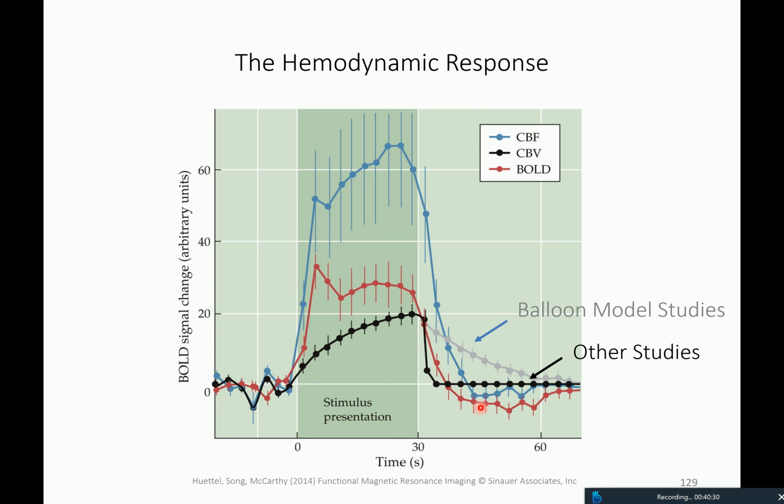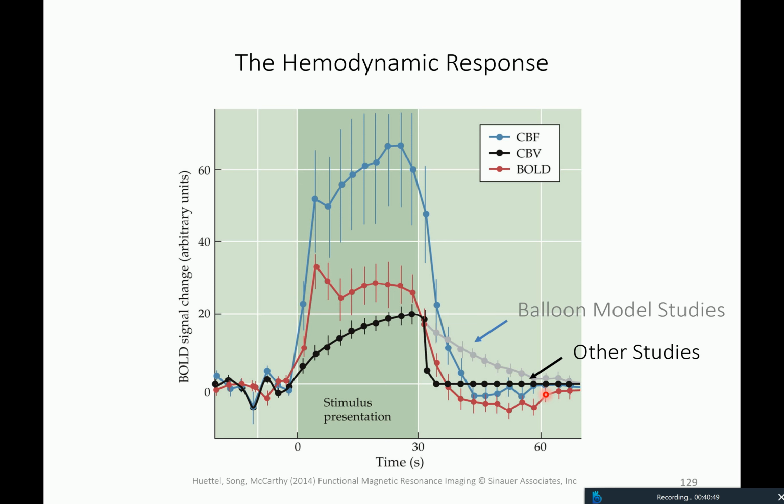In terms of the standard model that you use for analyzing BOLD data, which is the double gamma model, that doesn't really have an initial dip, it only models the post-stimulus undershoot.